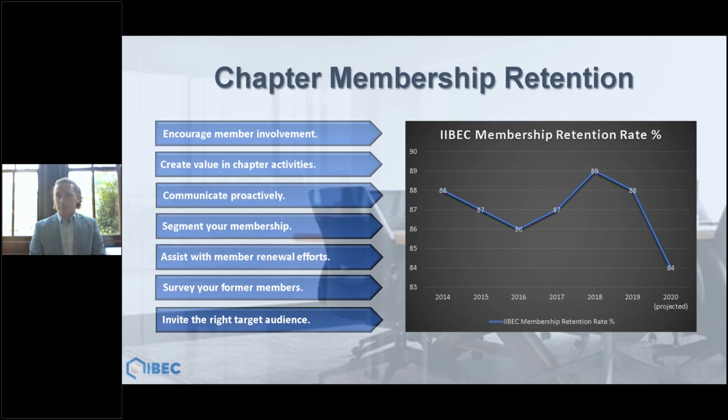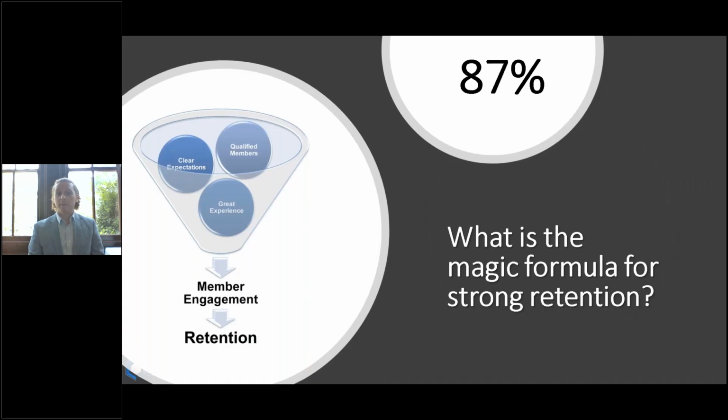And the membership changes as the years chug on with a professional association. There might be new or different methods for our members to consume information. So 87% is usually kind of the target of what IIBEC headquarters looks for in membership retention each year.